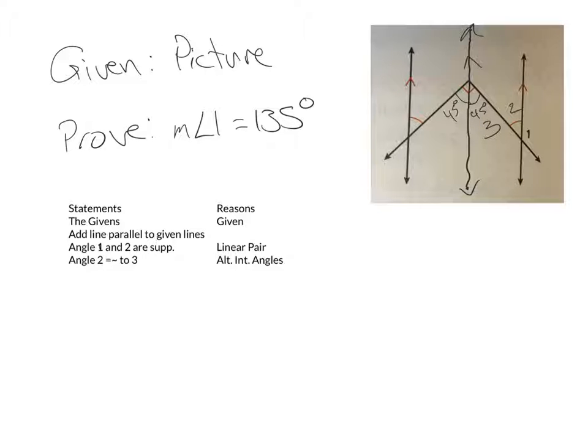I can say that angle 3 equals 45 degrees. And we can say that because we know that that line going right through there, we've decided that's a bisector. We've put that in as a bisector.